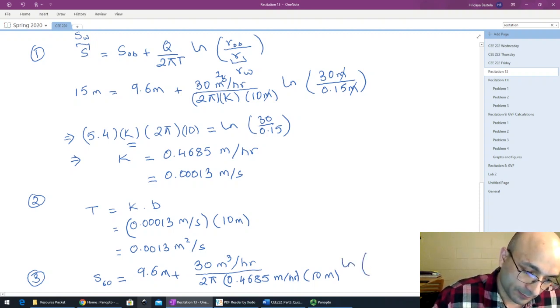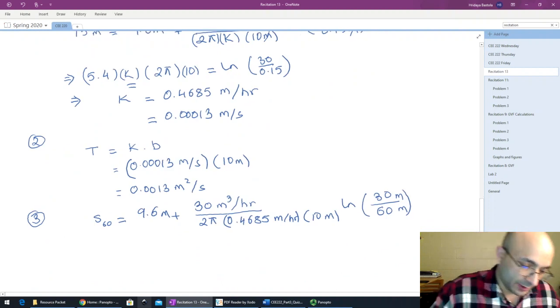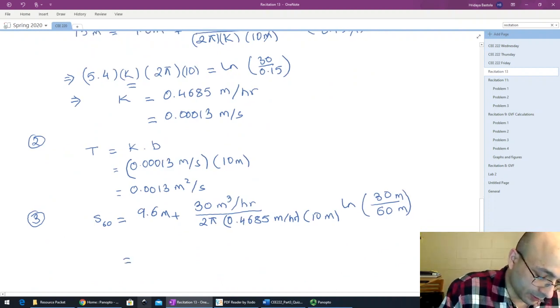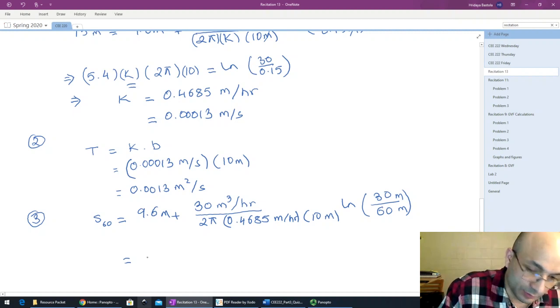Log 30 divided by 60, so the meters cancel out. So with this we can get our drawdown at a distance of 60 meters, and this will come out to 8.89 meters.